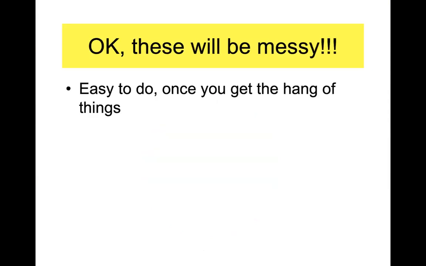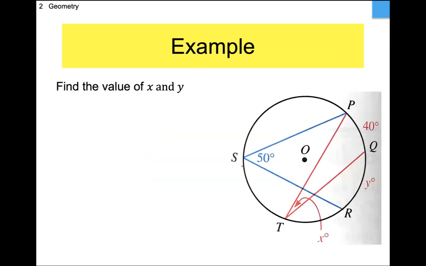All right, these are going to be a little bit messy. You'll get the hang of them after you do a few of them. All right, that is a really messy example right there. It turns out this is pretty simple. Remember, we have that technique in geometry where it's really messy, which is to declutter the picture. So in your mind's eye, I want you to get rid of everything but what's written in red.